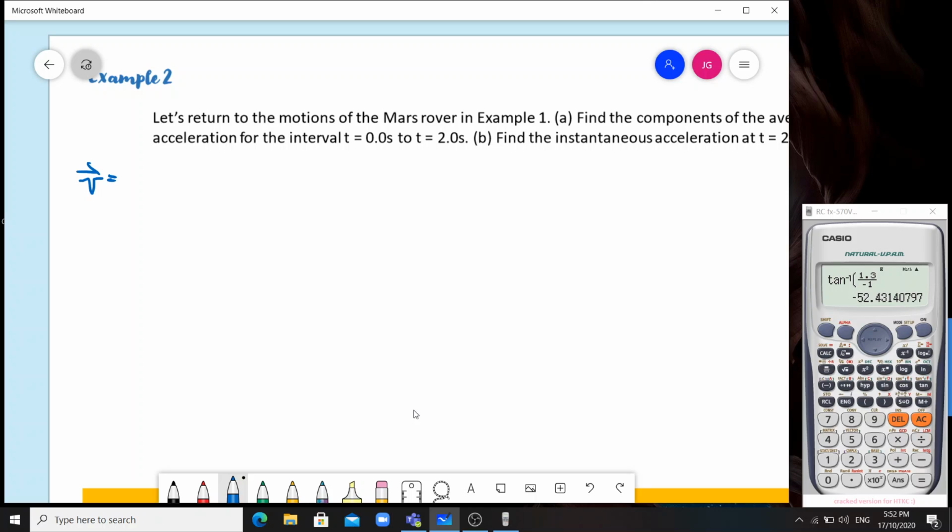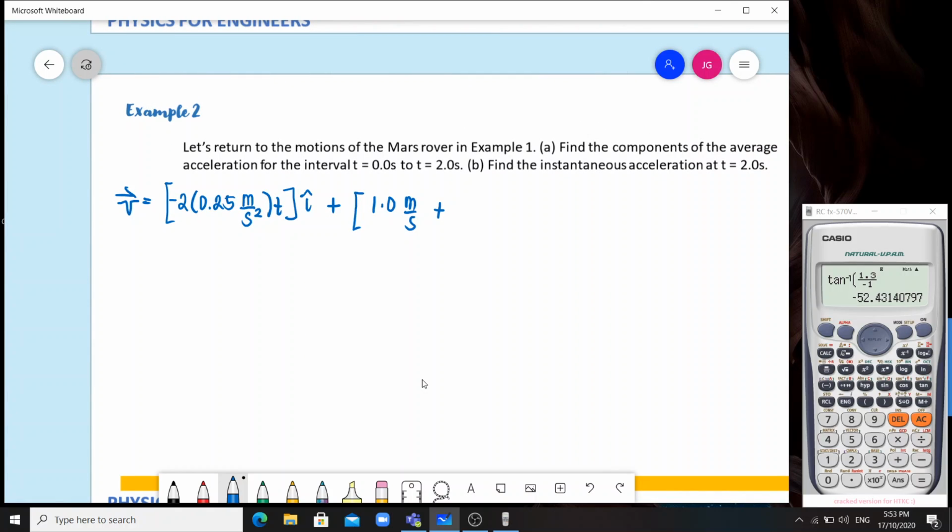V is equivalent to negative 2 times 0.25 meter per second squared t i plus 1.0 meter per second plus 3 times 0.025 meter per second cubed t squared j.